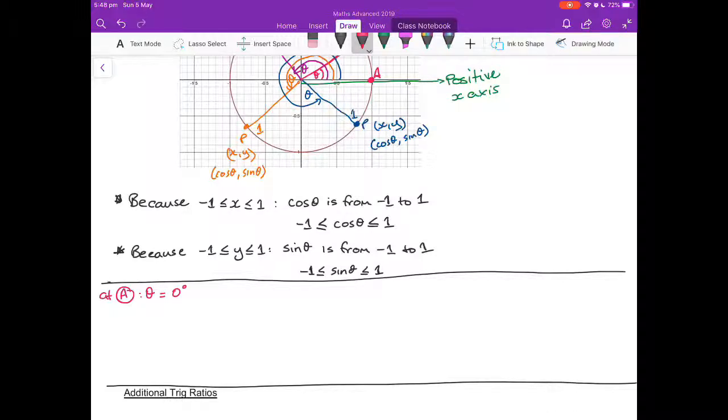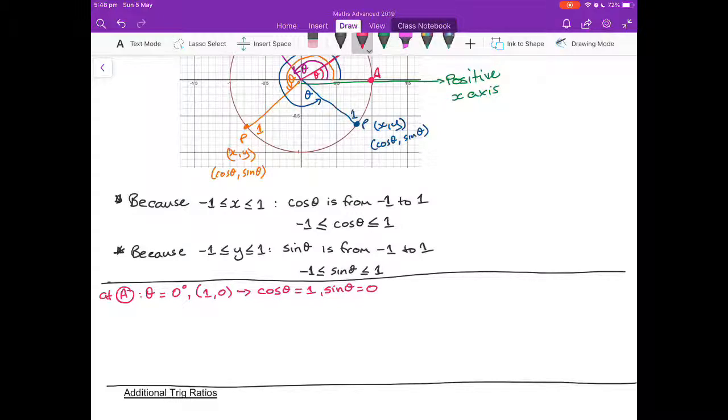Because it's right on that x-axis, it's 0 degrees. It has coordinates of 1 and 0, because the x-coordinate is 1, y-coordinate is 0. And we can lead that off to say that cosine theta equals 1, because that's the x value. Sine theta equals 0 as the y value.